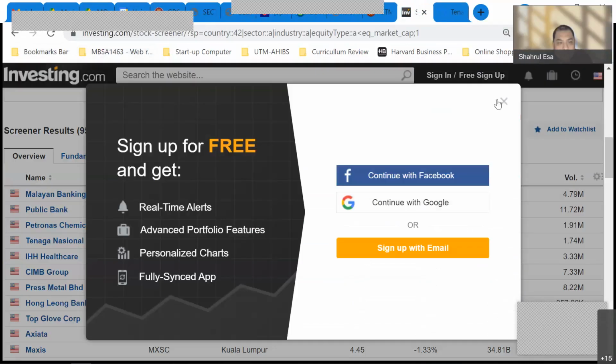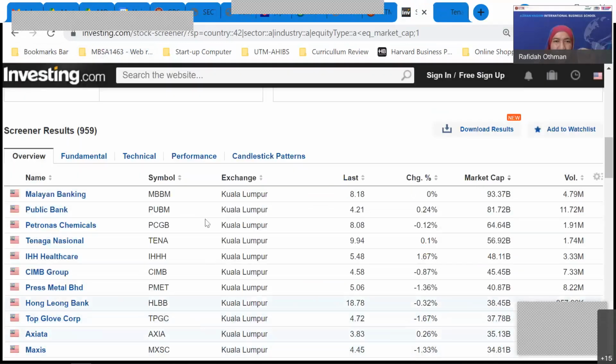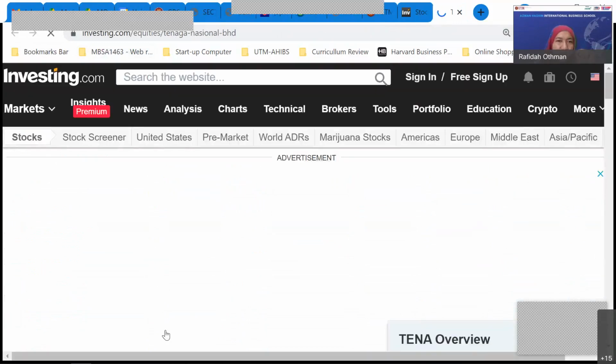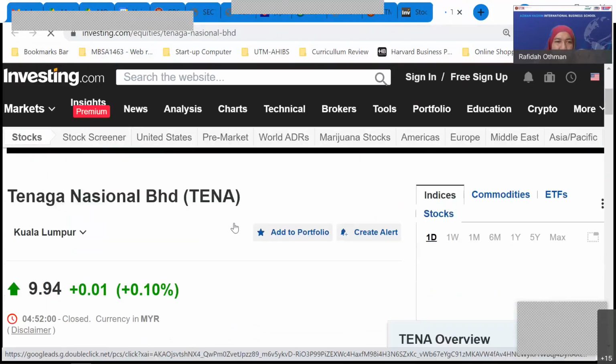You can see there is the symbol, change, market cap, volume. Okay, so this is Tenaga Nasional.